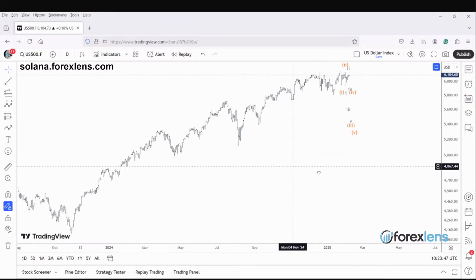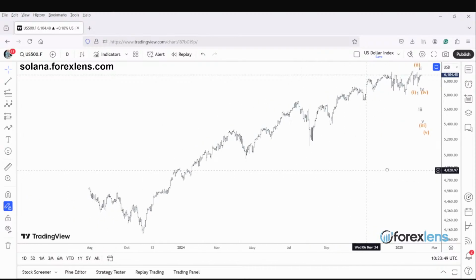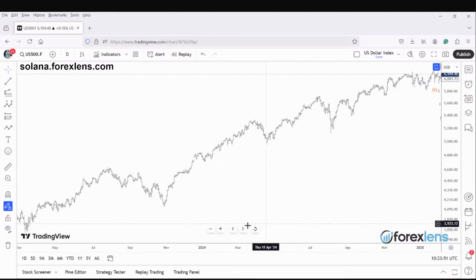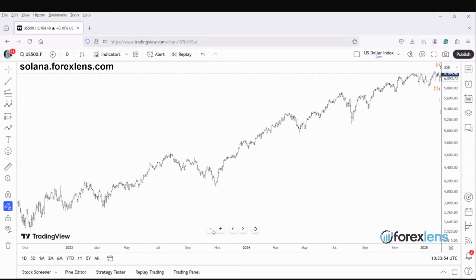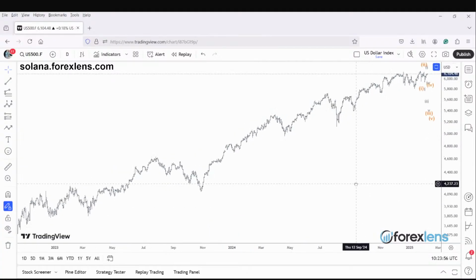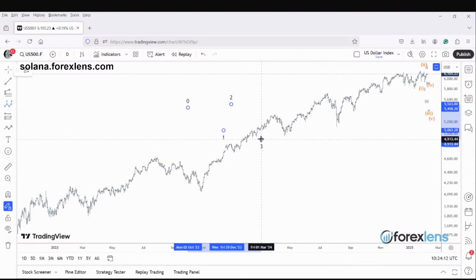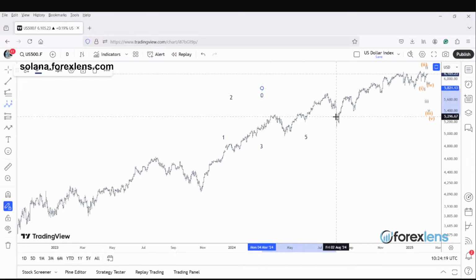Having said that, I'll bring up the daily chart for SPX as well. The structure is slightly different than the Dow Jones, but this entire activity could be a sideways wave 4. But if you look at the primary wave counts, okay, that was wave 4 on the primary level.